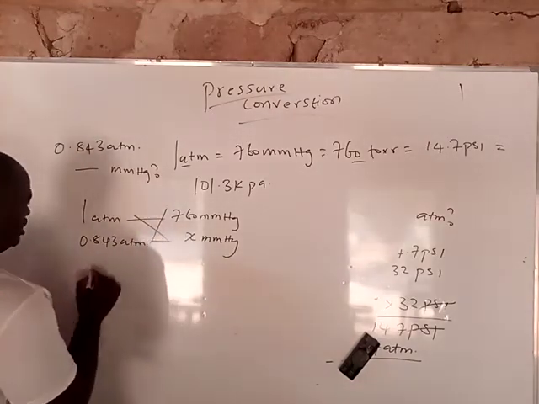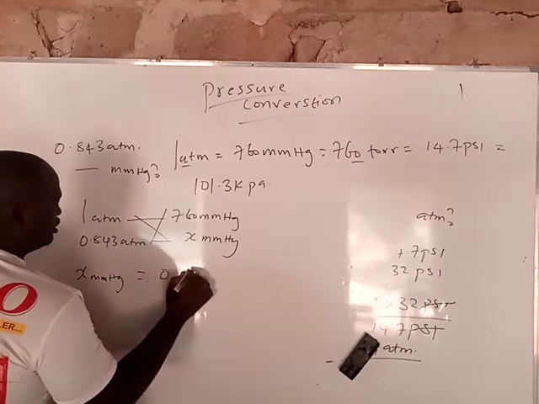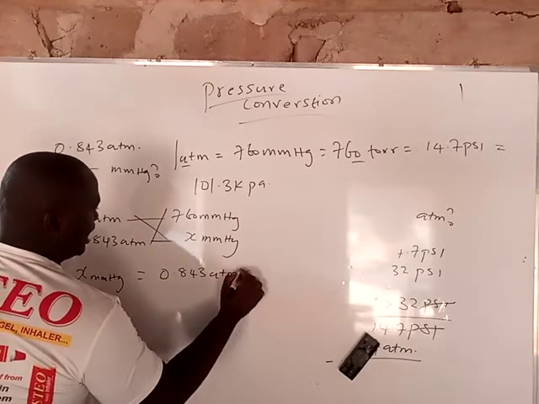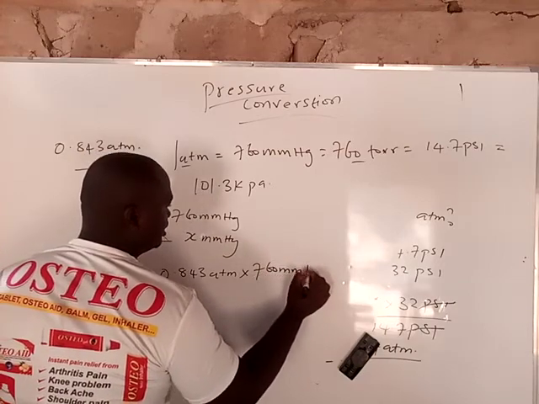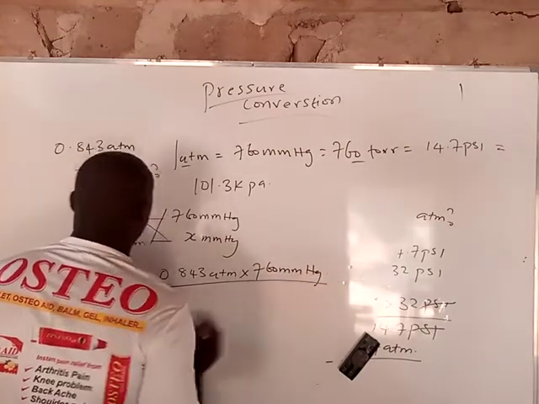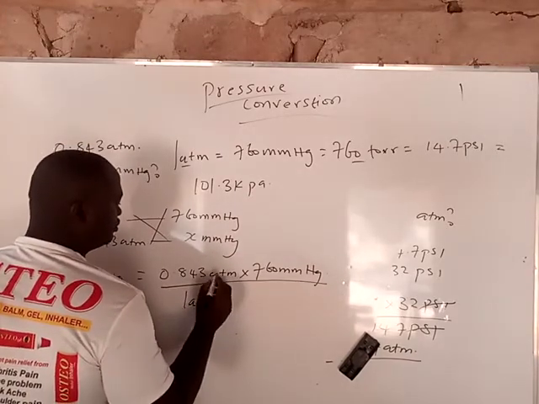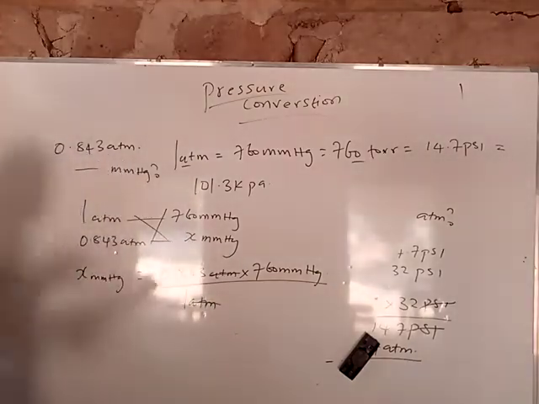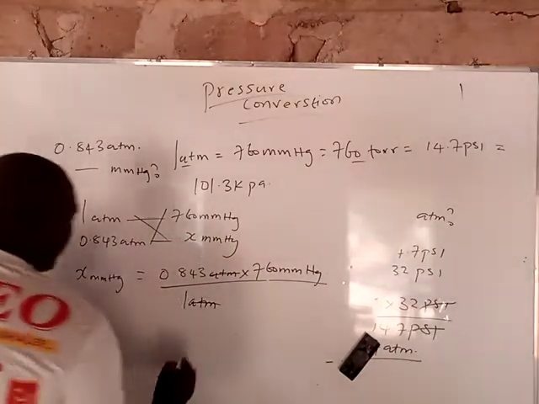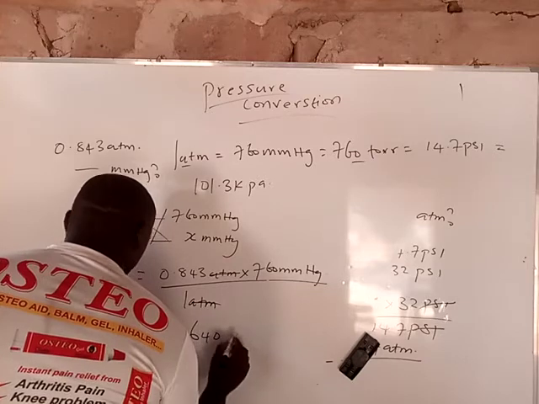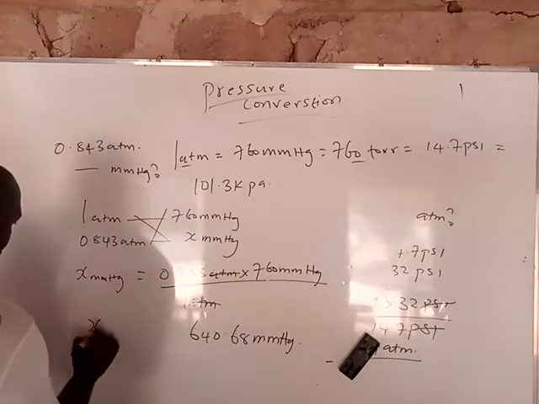So x in millimeters of mercury will be 0.843 atm times 760 millimeters of mercury, divided by 1 atm. This atm will cancel out this atm. So this times this will give you an answer of 640.68 millimeters of mercury. And that's the answer.